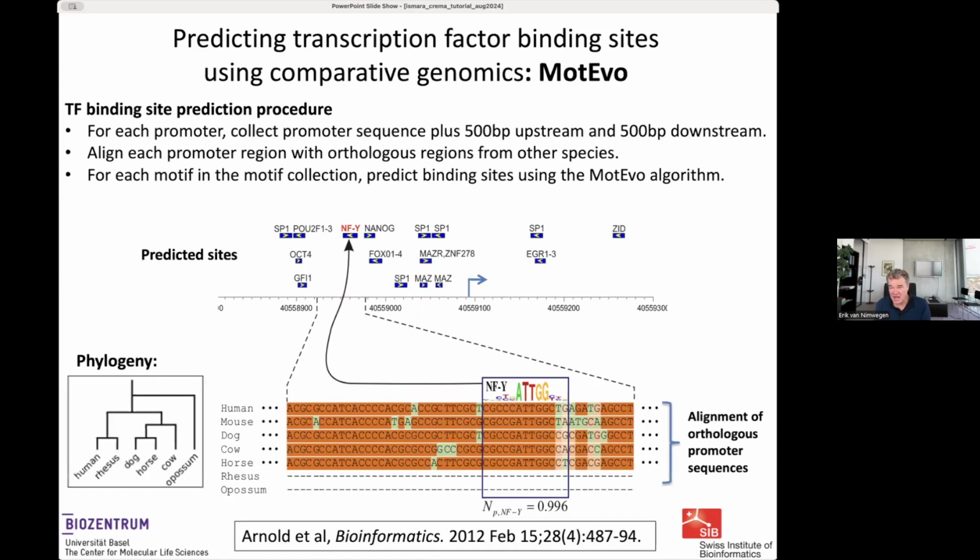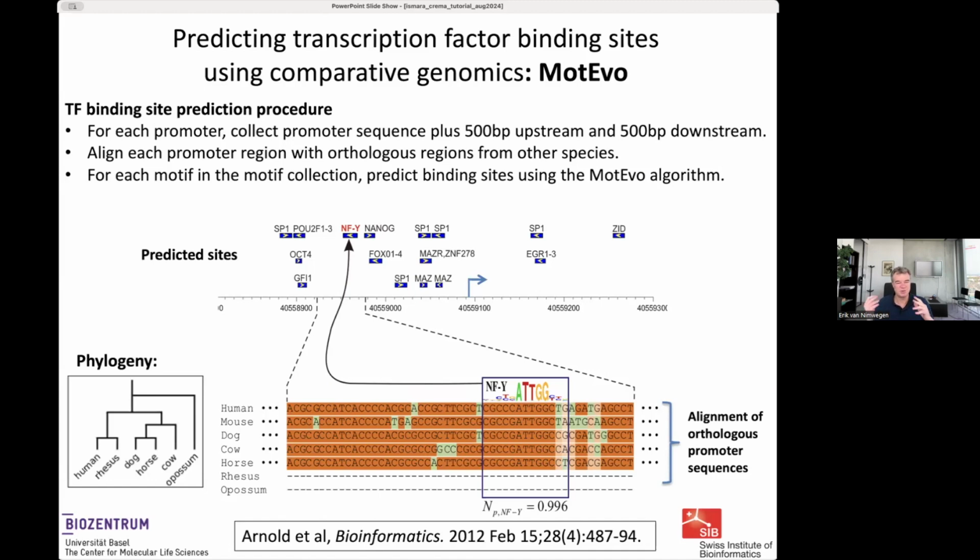How we do that, again, has a lot of machinery behind it that I don't have time to talk about today. It's not the main focus of this presentation, but basically we combine the sequence patterns that you find in the DNA with patterns of conservation of the sequence across related species.